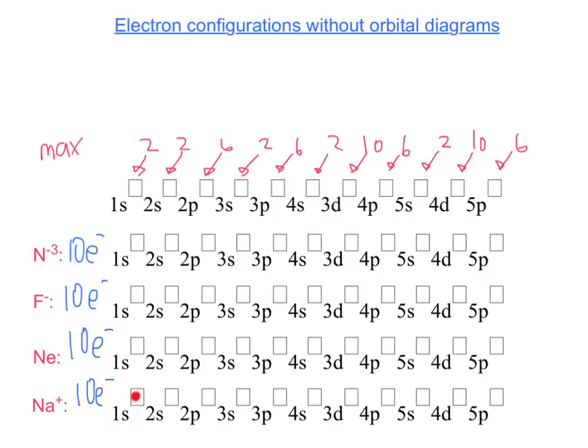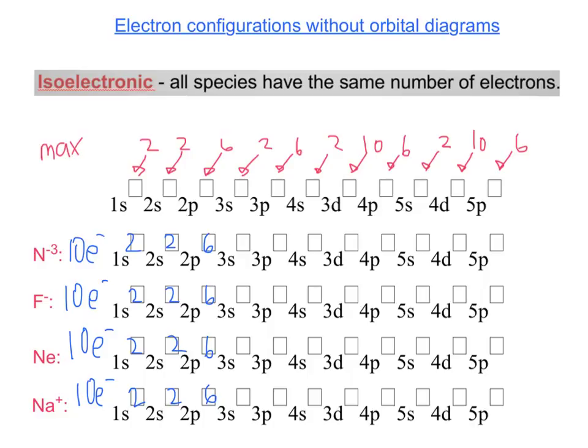And sodium ion has 10 electrons. So when we do the electron configurations for all of them, they all have 1s2, 2s2, 2p6 as their electron configuration. And this is called isoelectronic. It's when all the species have the same number of electrons.